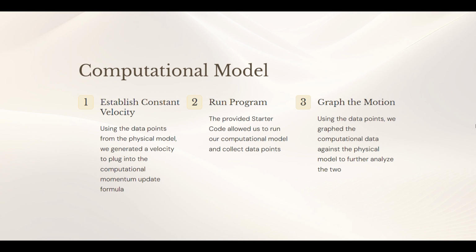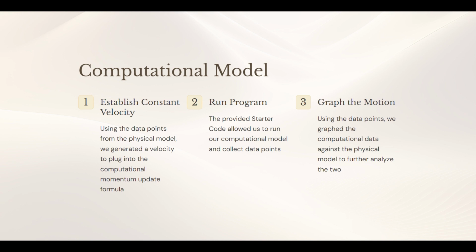The computer model starts the marker with an initial constant velocity calculated from the physical model's data. We did this calculation by determining the length the marker traveled over the time it took to travel that distance.